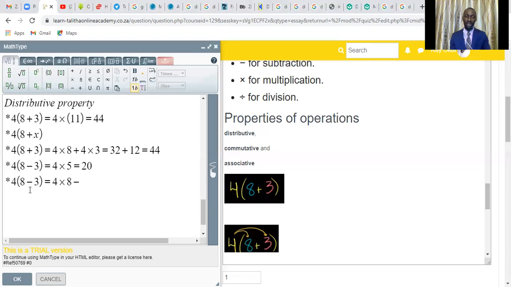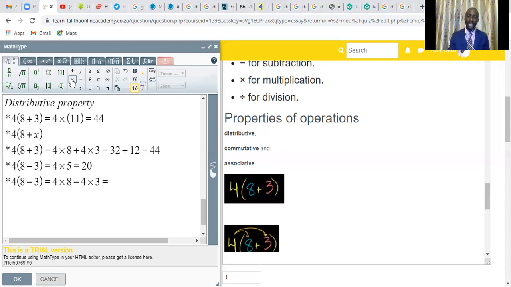Now, when we have this minus sign right away there, the next thing we want to look at is going to be distributing 4 onto 3. That would give us 4 times what? Times 3. This way, we can extend our calculation.